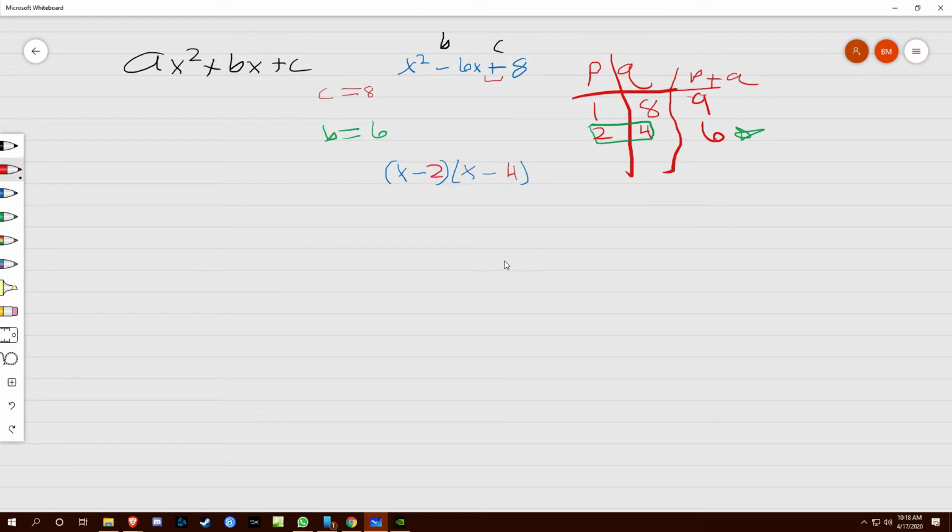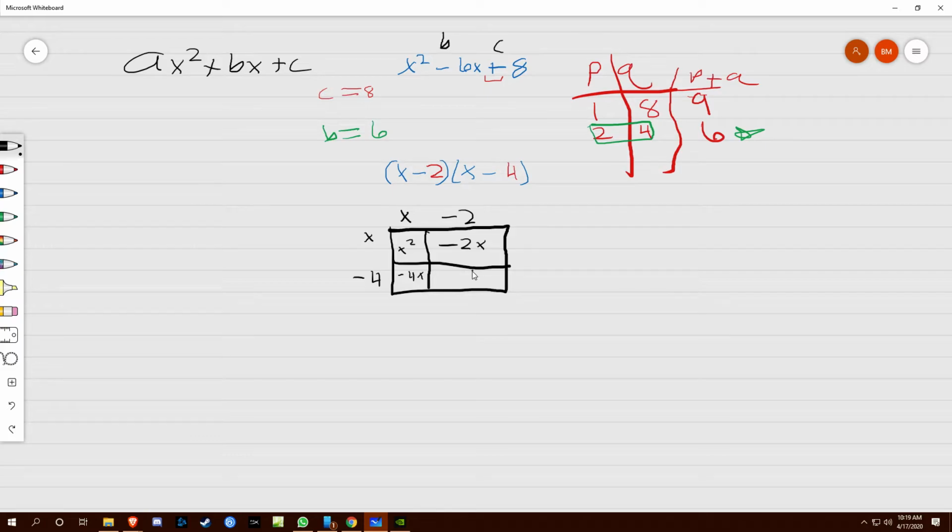x minus 4. If we wanted to check ourselves, because we should, we would do our box method or our FOIL. So I set up my little box method. There we go. x times x is x squared. x and negative 2 is going to be negative 2x. x and negative 4 is going to be negative 4x.